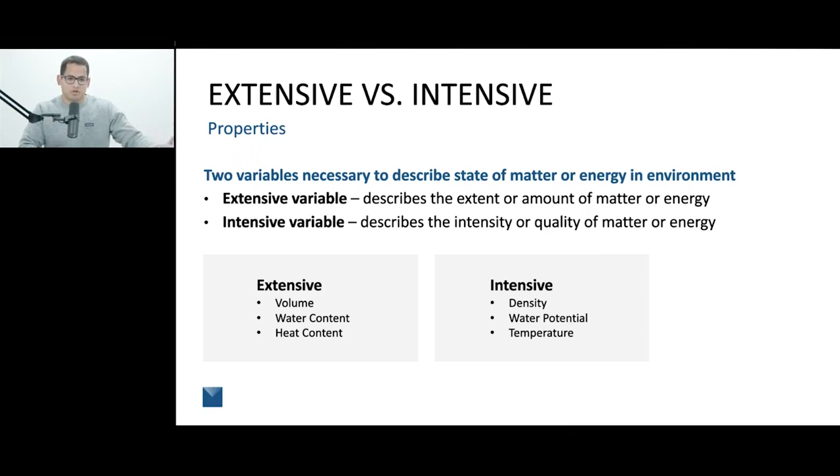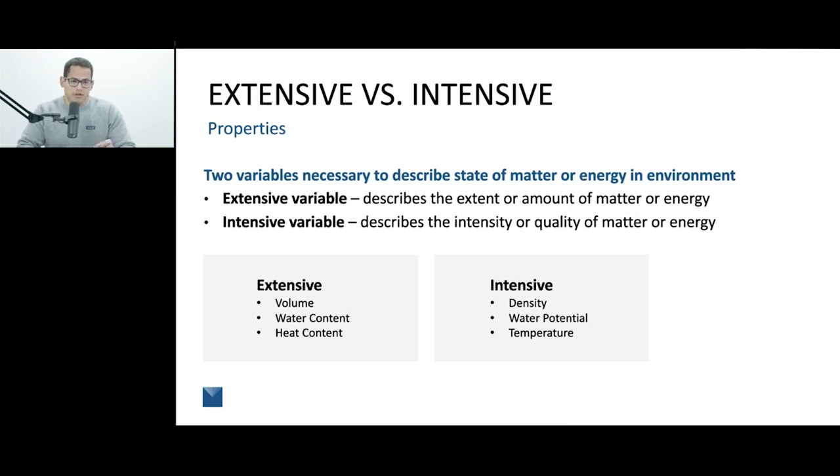Two variables are necessary to describe the state of matter or energy in the environment. You have the extensive variable, which describes the extent or the amount of matter or energy. You can think of things like volume. We can all very easily think about volume and what that means. Water content is another extensive variable, and we'll dive more into that. And heat content is another extensive variable.